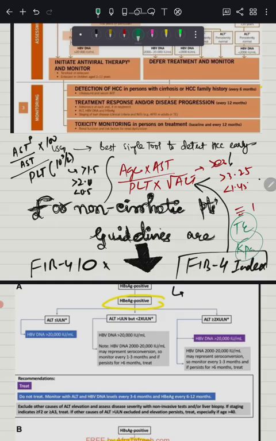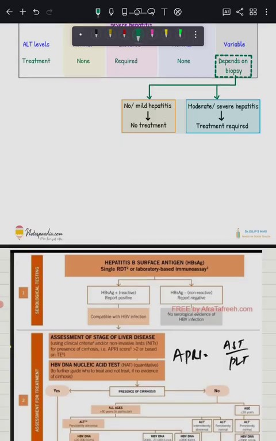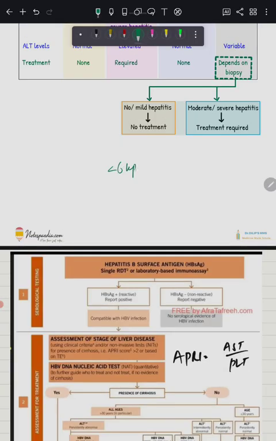So less than 6 kilopascal means normal liver. So 7 to 8 means mild fibrosis. Greater or equal to 8 means significant fibrosis, that is F2 or more staging. But greater than 12.5 to 14 means the patient has landed up in cirrhosis.